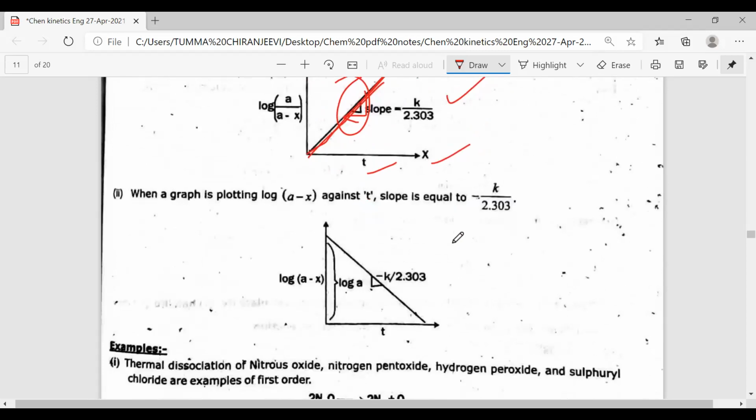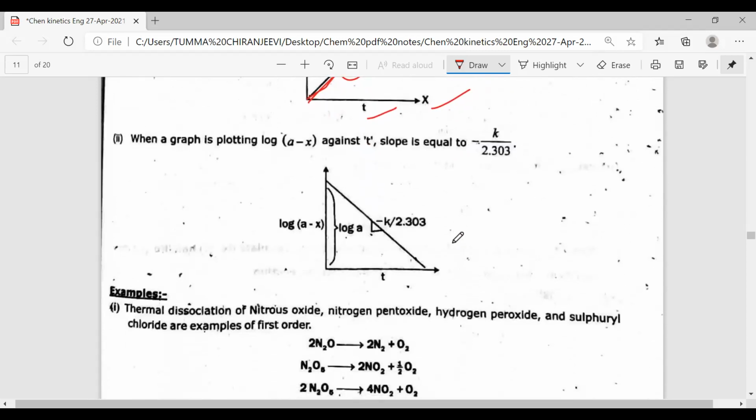Another way, the second way, is if you plot a graph between log a minus x versus t, then you can get this type of graph. Take the log a minus x values on the y-axis and time on the x-axis.